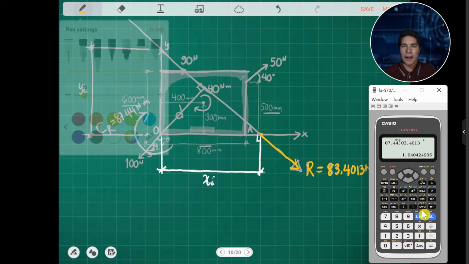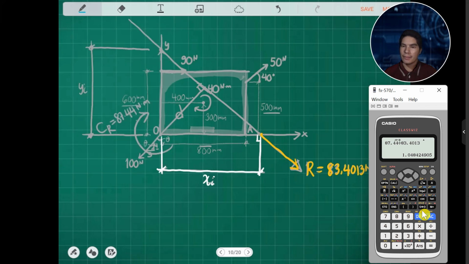So let's convert that into its x and y components.